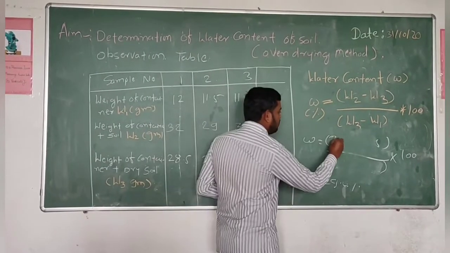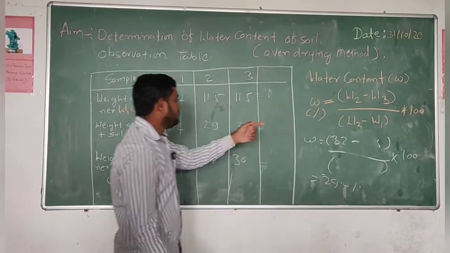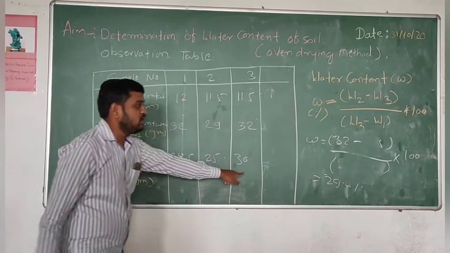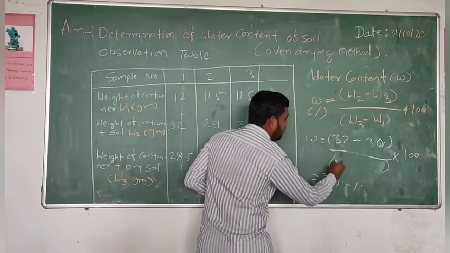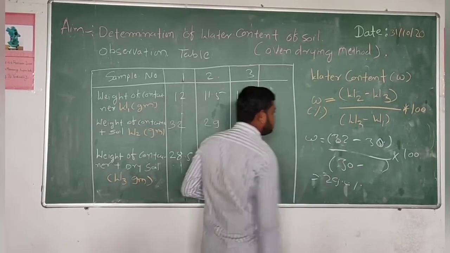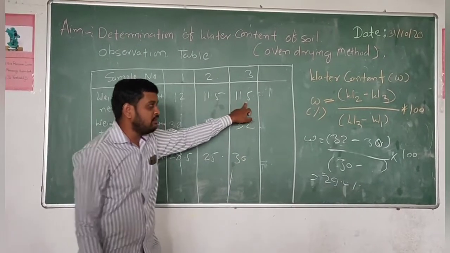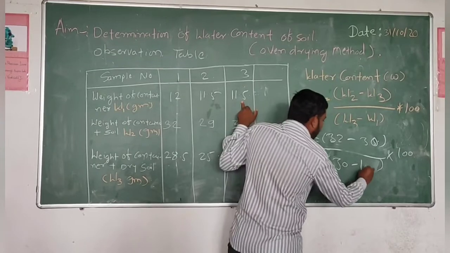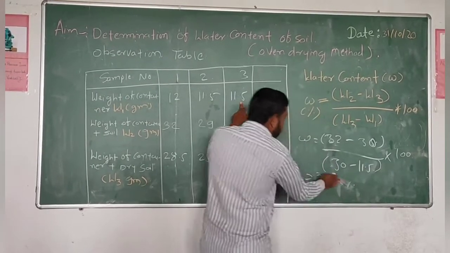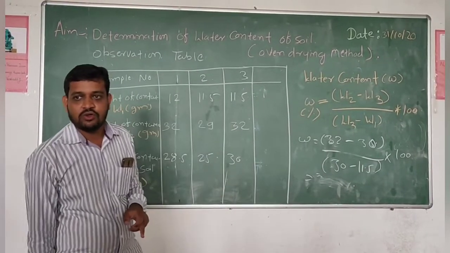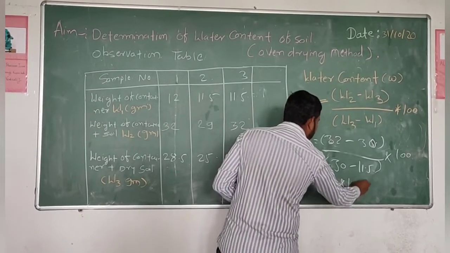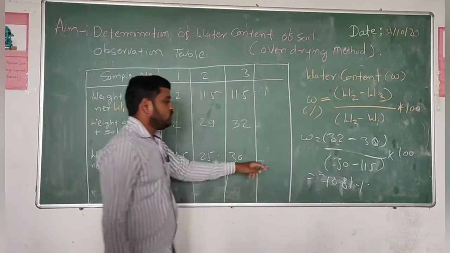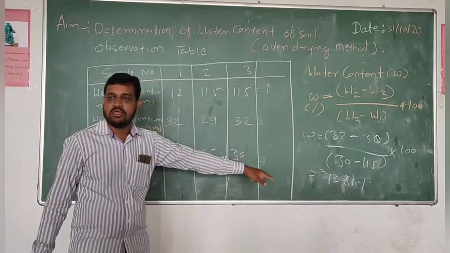Then W3 is 30 for sample number 3. So 32 minus 30, divided by 30 minus W1. W1 for sample number 3 is 11.5. You put in those values and you will get the water content equal to 10.81. So this is the water content for sample number 3.